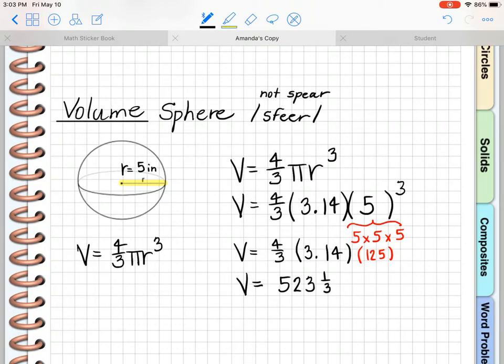So 3.14 times 125 times 4/3. Yes. So this is 523 1/3 cubic inches as the volume of this sphere.